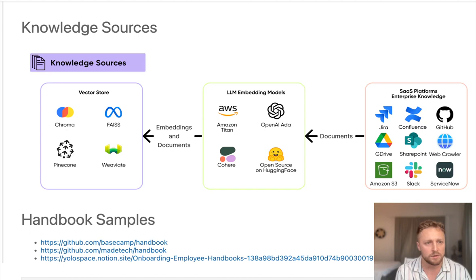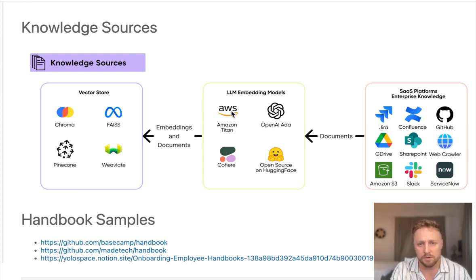For vector store, we can use, for example, Chroma, that is open source, that we'll actually use today. But there are more available, like FAISS, which is also open source. Also, there are some commercial offerings as well, like Pinecone and Weaviate.